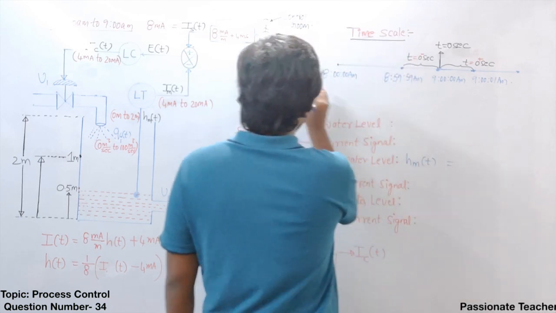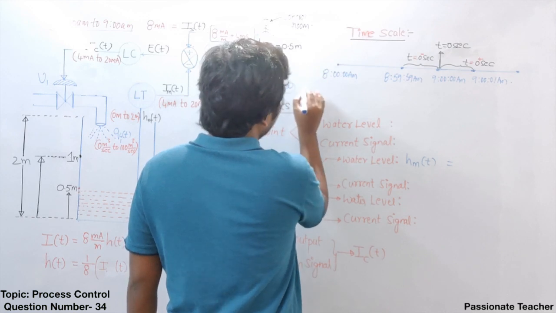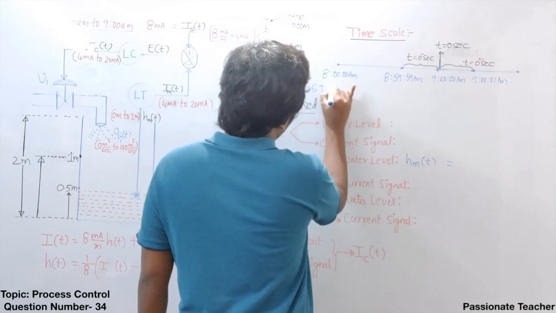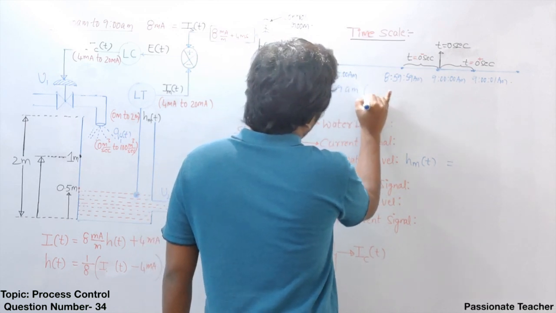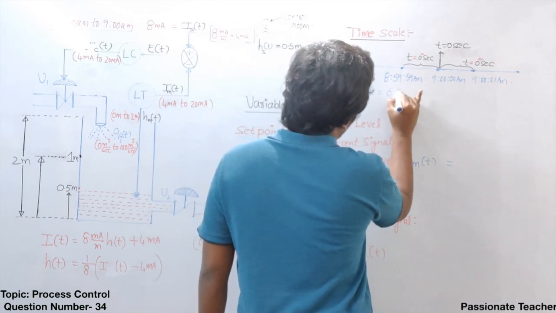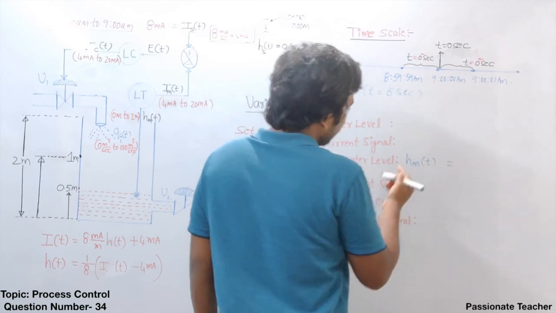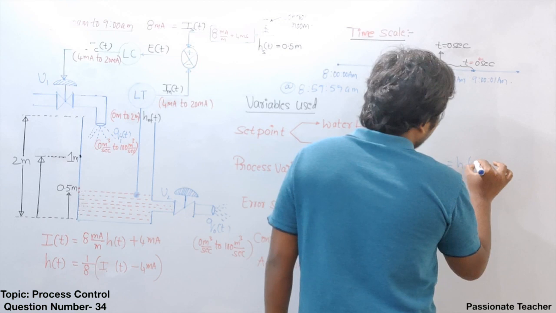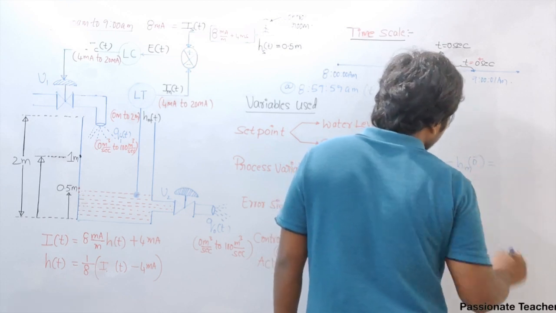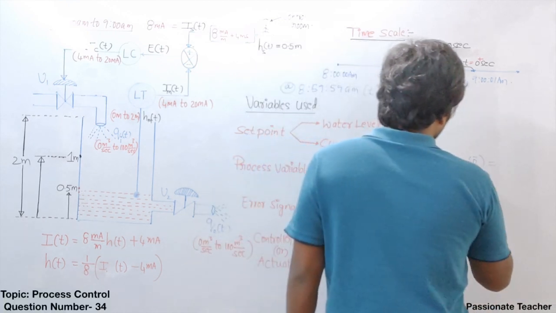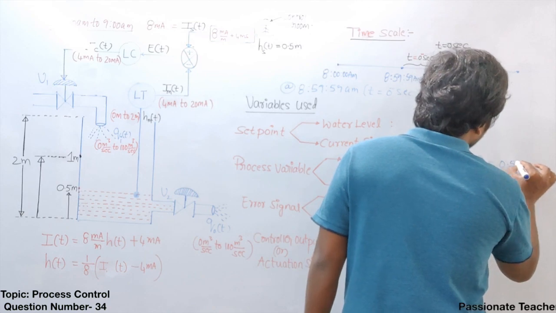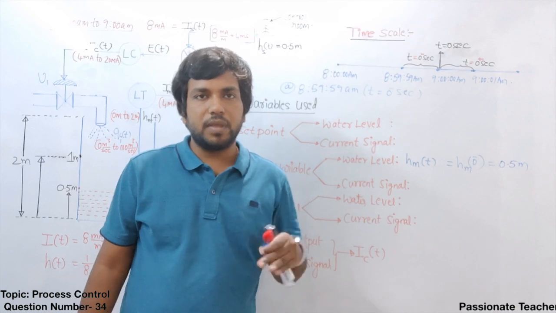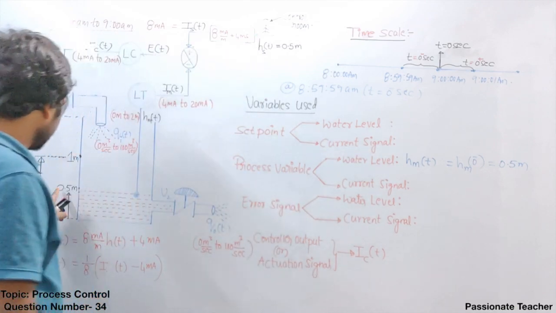Now I am looking exactly at 8:59 am, which means t is equal to 0 minus seconds. Now can anybody tell this? Hm of t now becomes Hm of 0 minus, which is actually equal to how much? Hm of 0 minus is 0.5 meter. Clear? So that means exactly at 8:59, the water level in the tank will be equal to 0.5 meter.